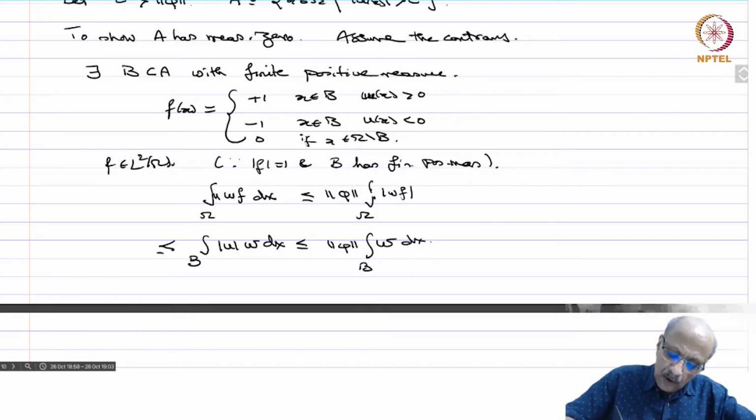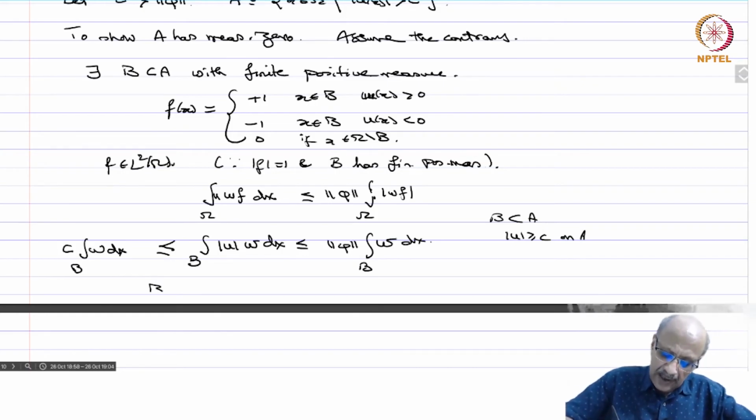But then what do you know about u on B? On B, you have B is contained in A, and mod u is greater than or equal to C on A, and therefore you can write this as C times the integral over B of w dx.